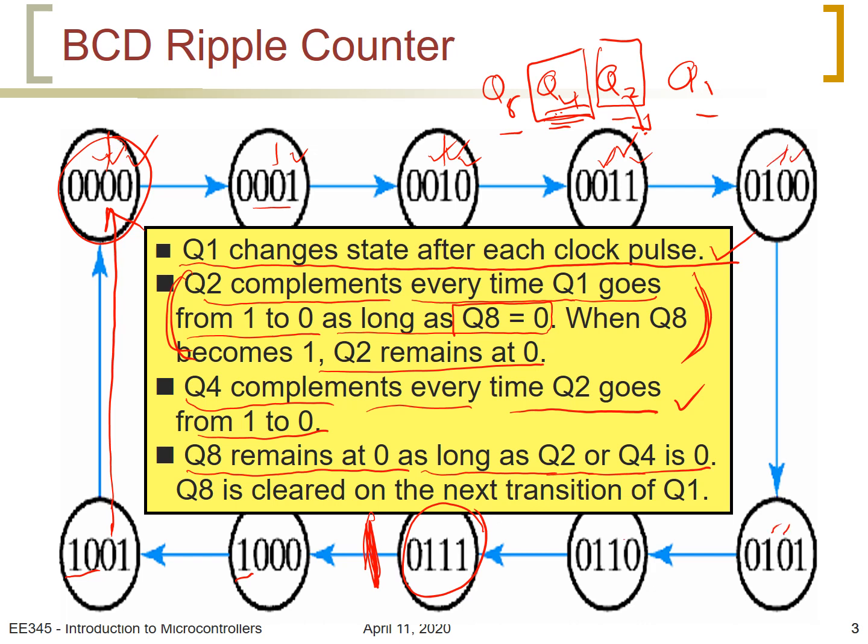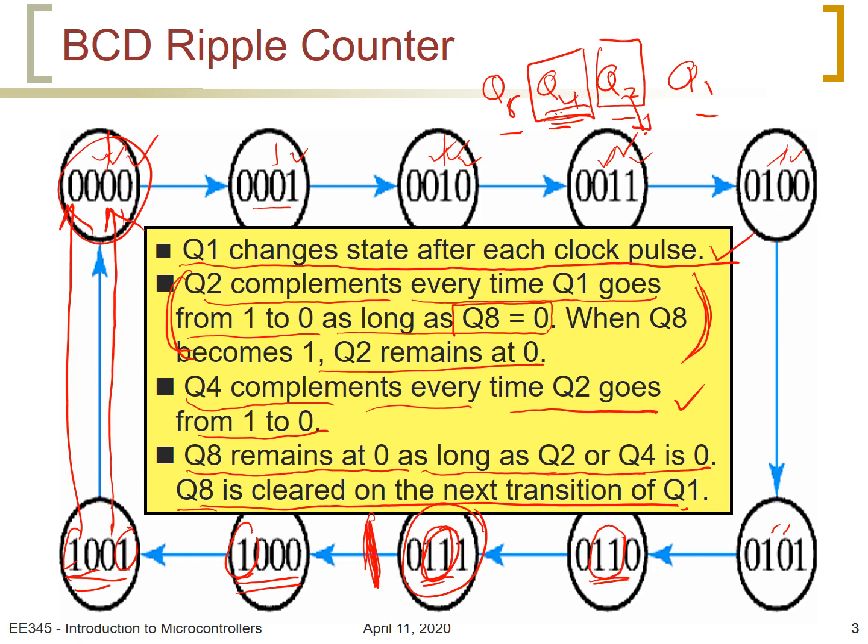And then when both Q2 and Q4 are 1s, Q8 will become 1, and Q8 is cleared on the next transition of Q1, which means when Q1 goes from 1 to 0, we clear Q8 so that from state 9, we go to state 0.